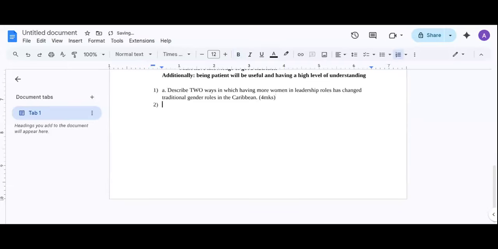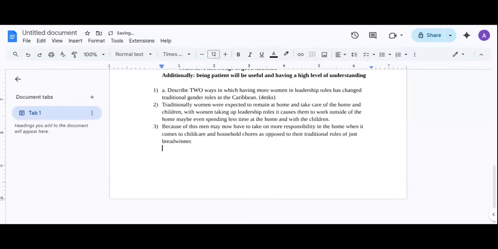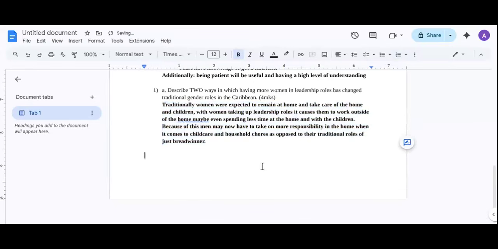So how does having them in leadership roles change these gender roles? Traditionally their role was to take care of the home and children, and with women taking up leadership roles, it causes them to work outside of the home and maybe even spend less time at home and with the children.